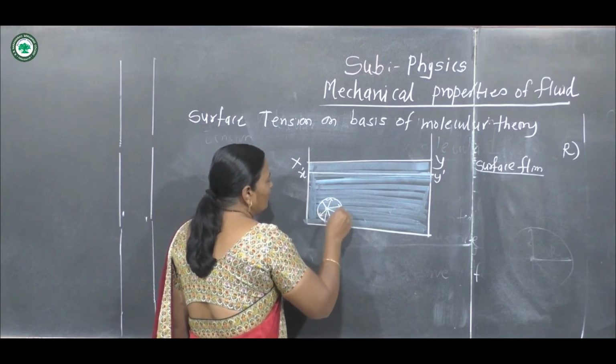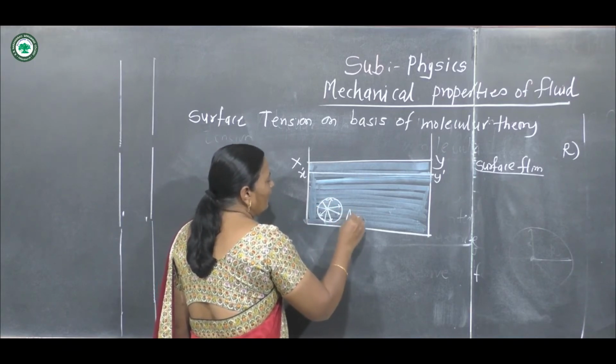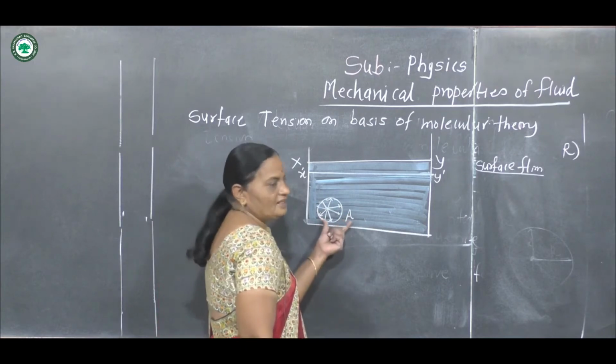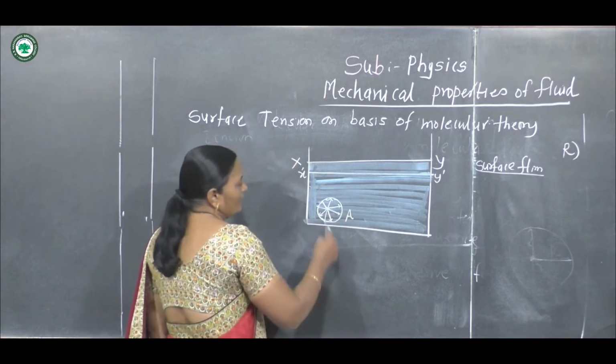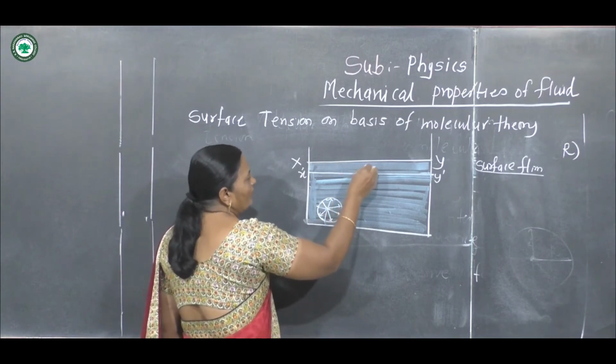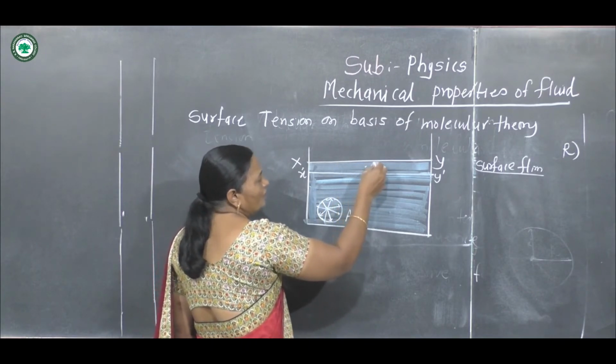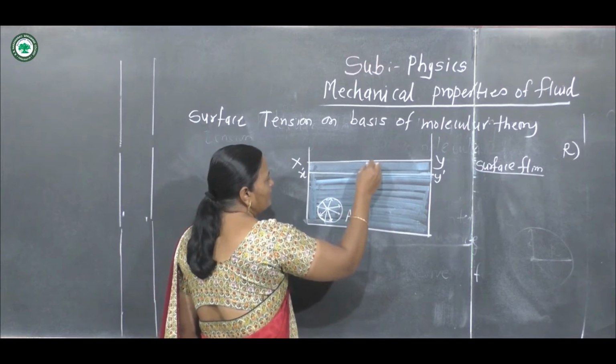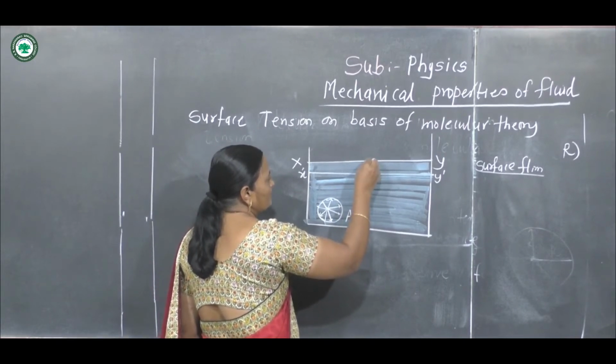This molecule is called molecule A and it is well inside the liquid. Now another molecule B is just below the free surface.